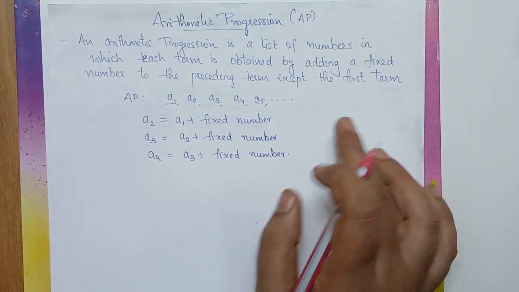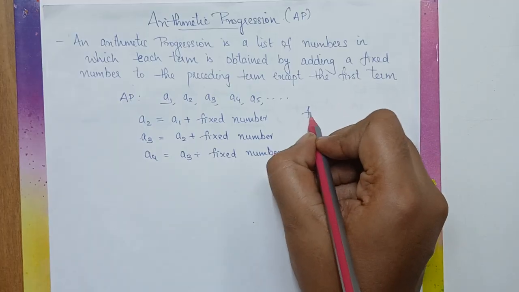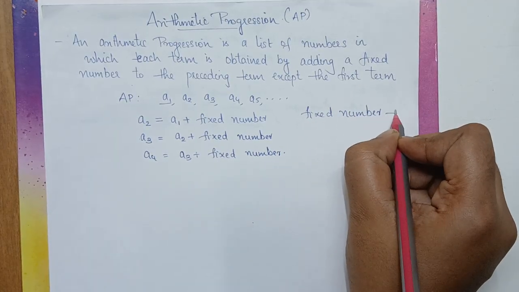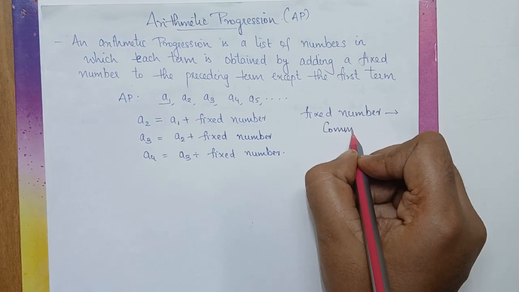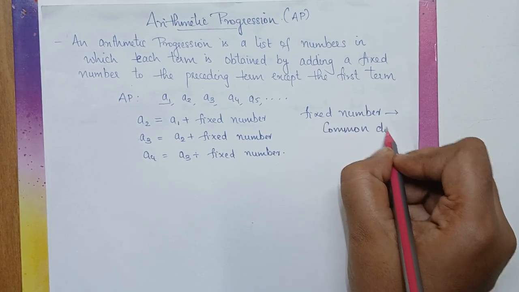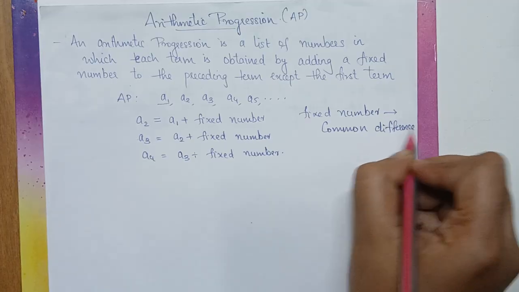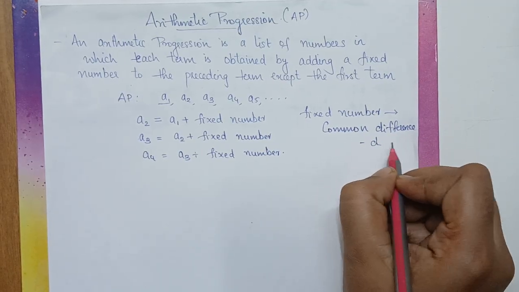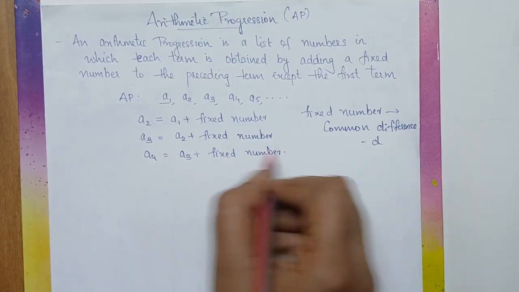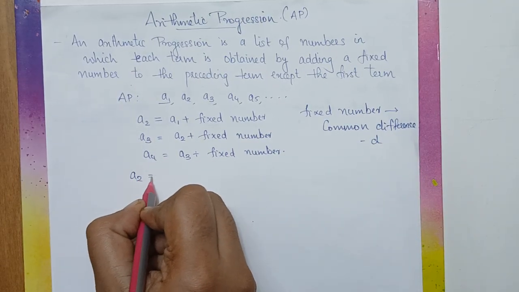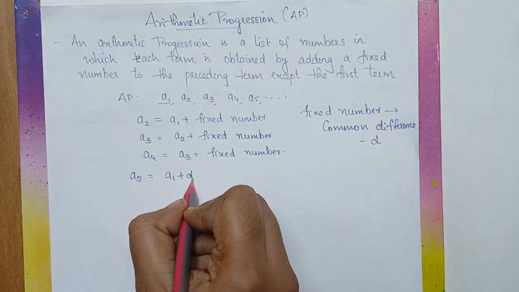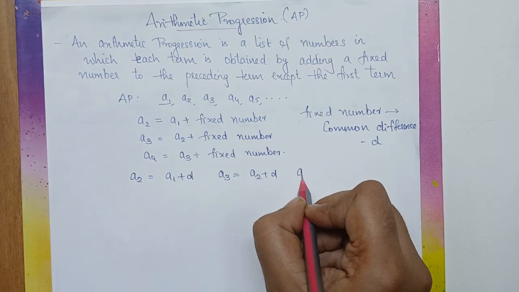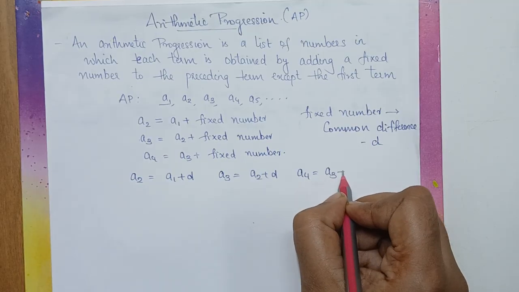This fixed number is known as the common difference of the AP, and it is denoted by small letter d. So now we can represent A2 equals A1 plus d, A3 equals A2 plus d, then A4 equals A3 plus d.